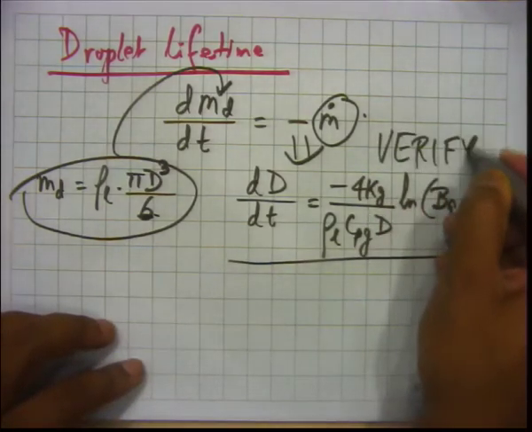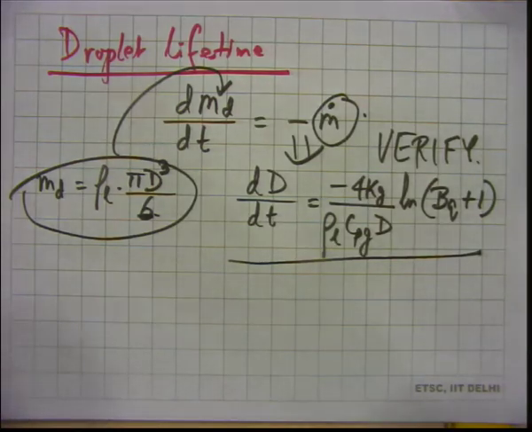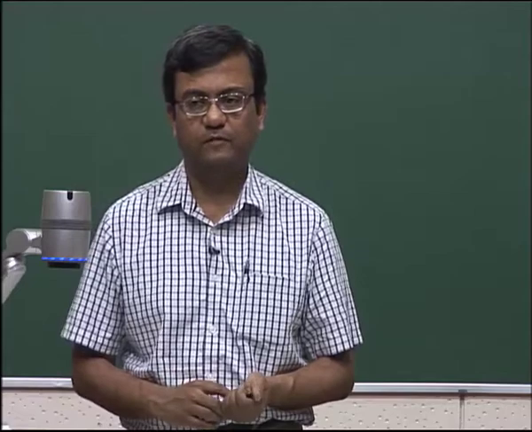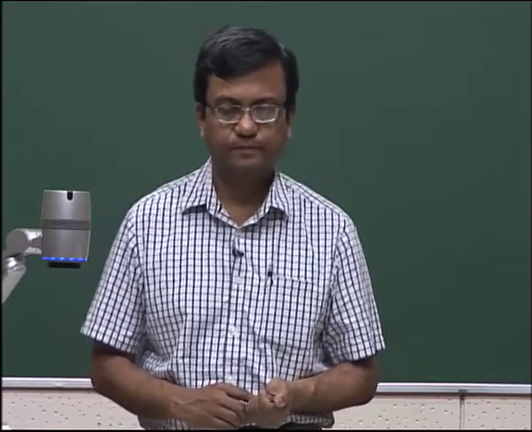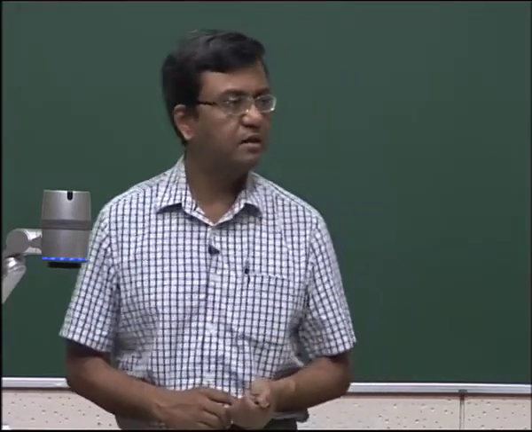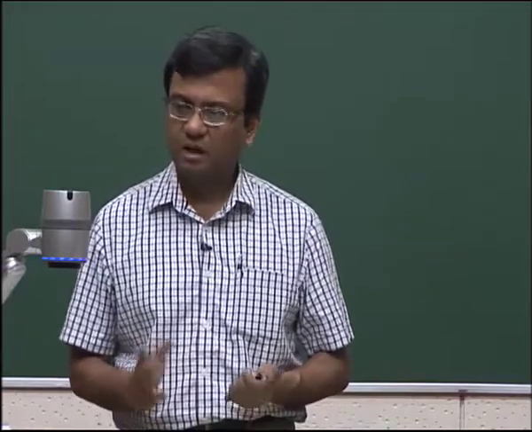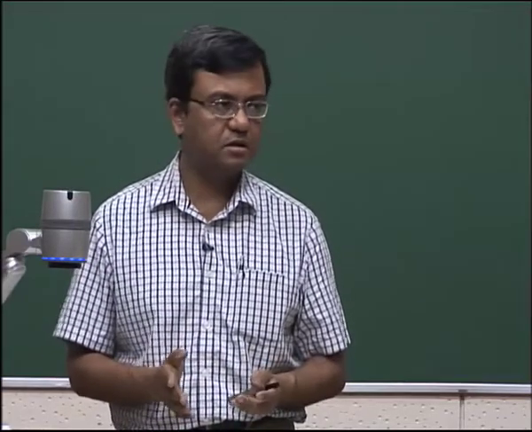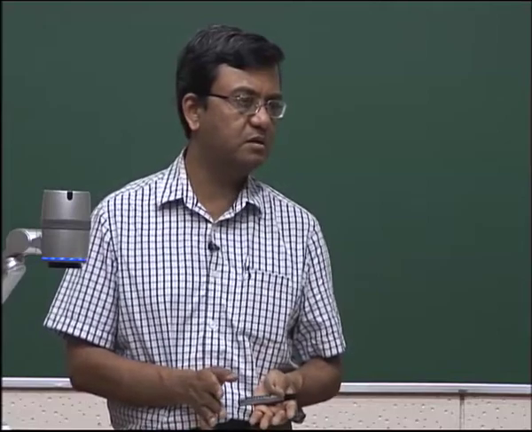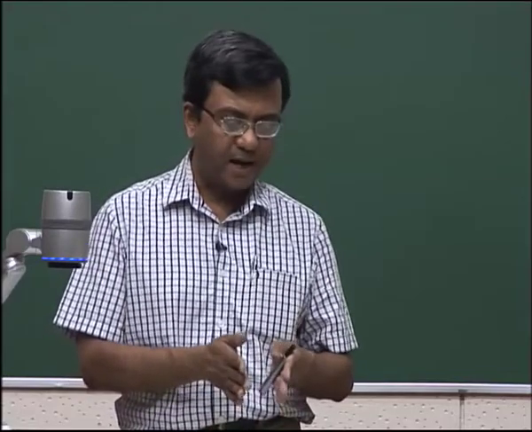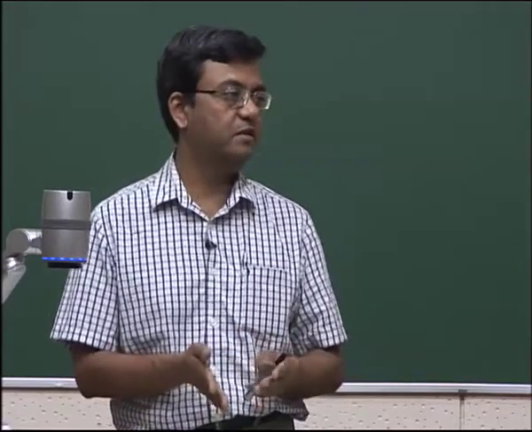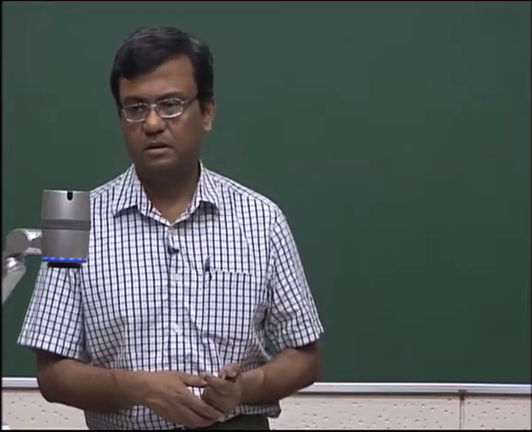Sir, m dot is mass of fluid? M dot is that mass flow rate, which we said also is equal to m dot f, and for which we have found that expression. We had shown that this m dot over the domain actually remains constant. So it will be the same as the value of m dot that you get at the liquid vapor interface, which is at the droplet surface.